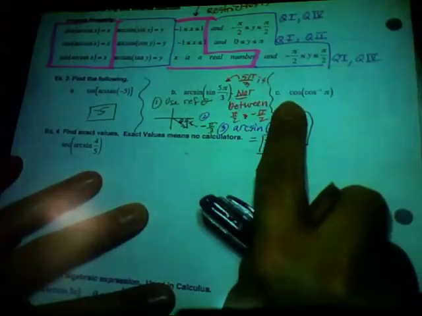Theoretically, that's what we just did. We replaced 5 pi over 3 with negative pi over 3 because it falls in that range that we're looking for. Okay? You get it? Good. Then this is no different than the cosine of the arc cosine of pi, right?